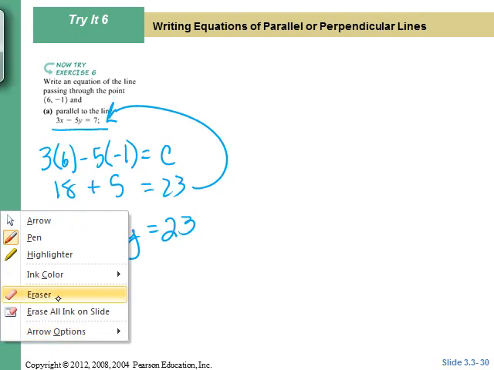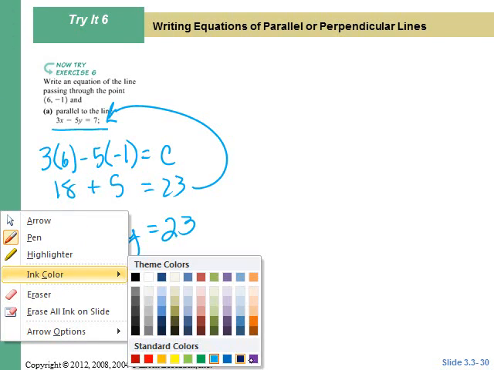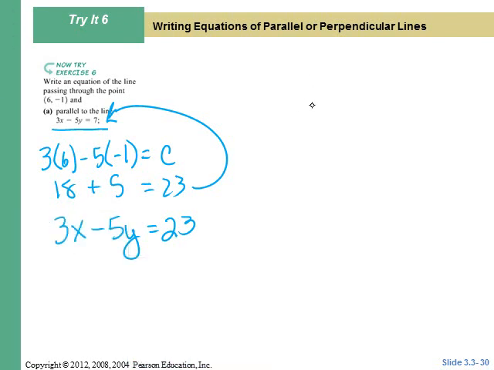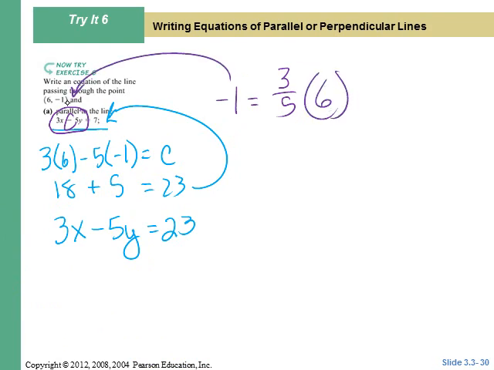Let's try doing this problem and searching for the slope-intercept form. We get the slope here as 3/5. Remember to change the sign. So y, negative 1, equals 3/5 of x, which is 6. That's where these come from, plus b. 3/5 of 6 is 18/5.